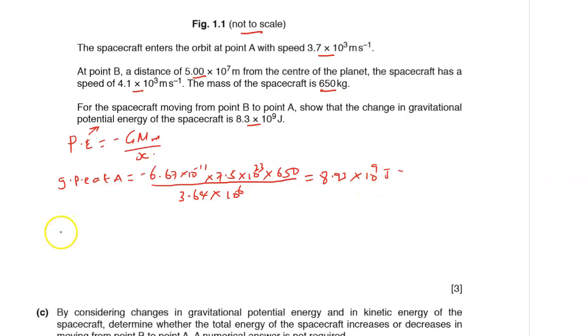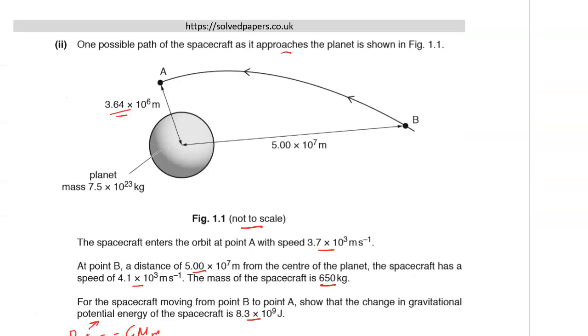Then now you can find the gravitational potential energy at point B. Same thing, 6.67 times 10 raised to power minus 11 times 7.5 times 10 raised to the power 23 times 650. The distance x, for this case for B, is indicated right here.